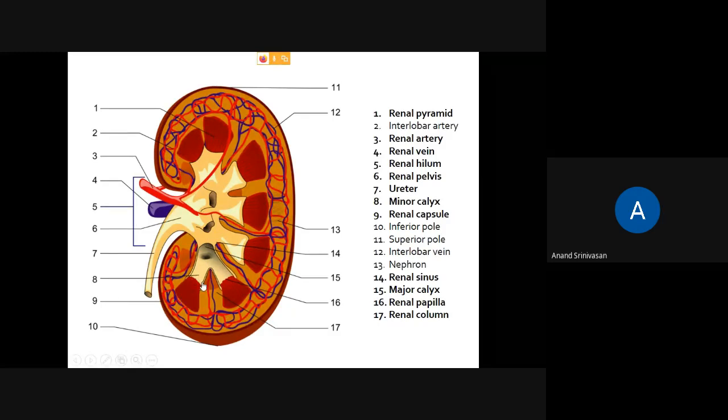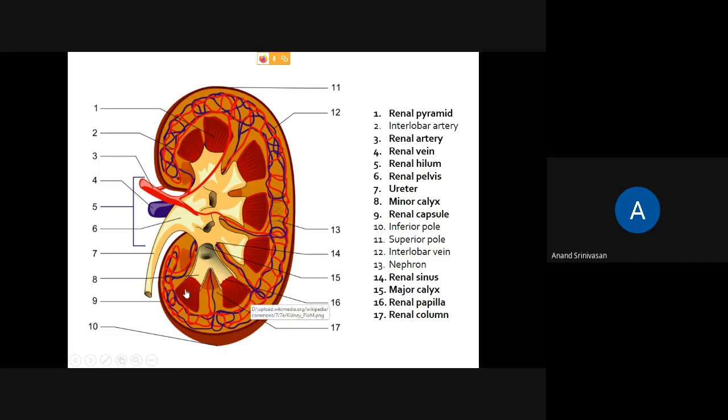Now from the apex of the renal pyramid, there comes a tube. So the urine is led through the apex of the renal pyramid into a tube. Number 8. What is this number 8? Minor calyx. So all these are minor calyx. Now 2 or 3 minor calyces join together to form number 15, which is the major calyx.